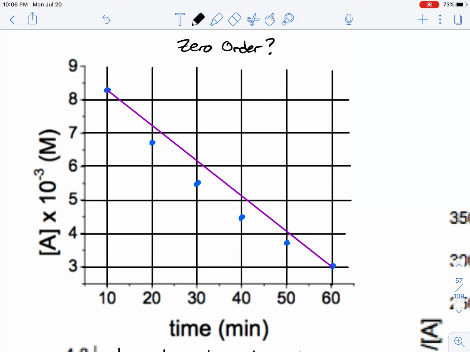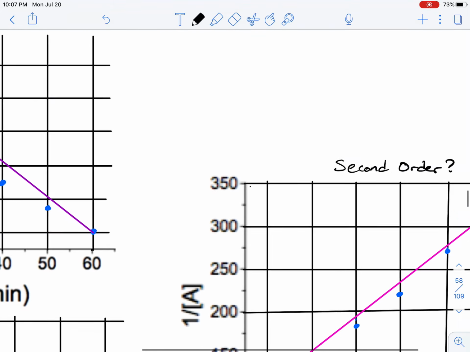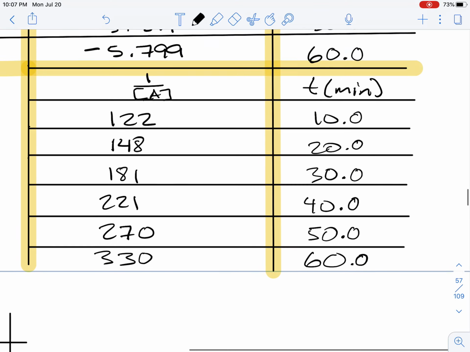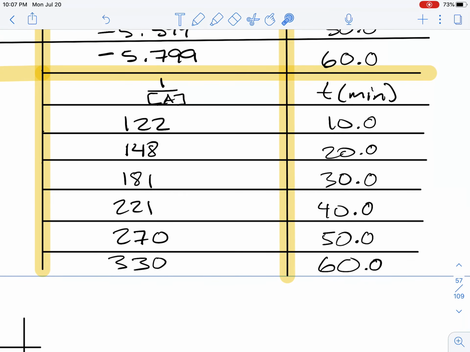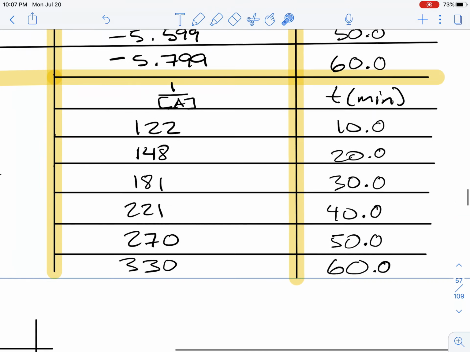In other words, this chemical reaction is not undergoing 0 order. So here we're going to write a fail for the 0 order test. All right, and so I'm going to plot second order. So all of these points, I'm going to zoom out real quick.